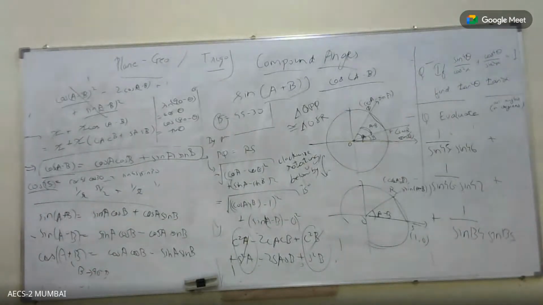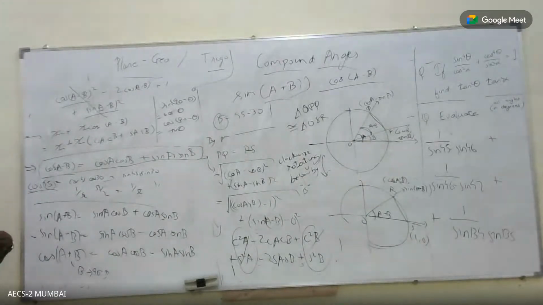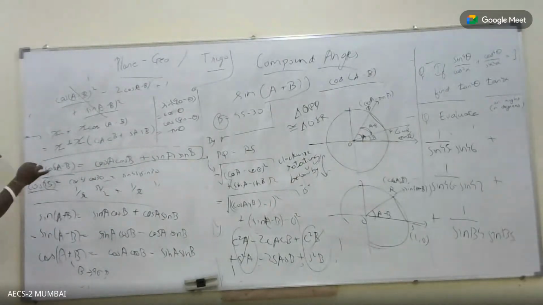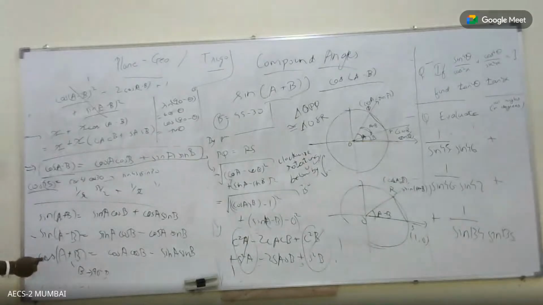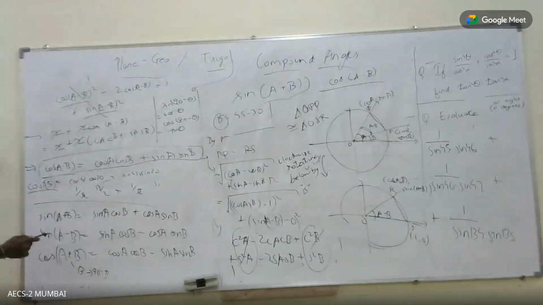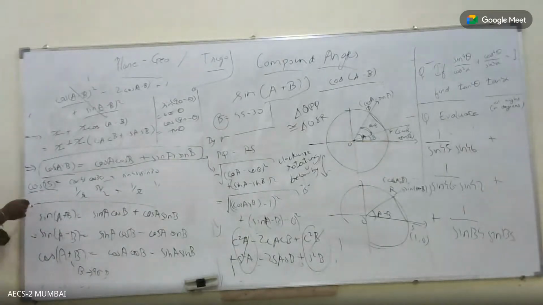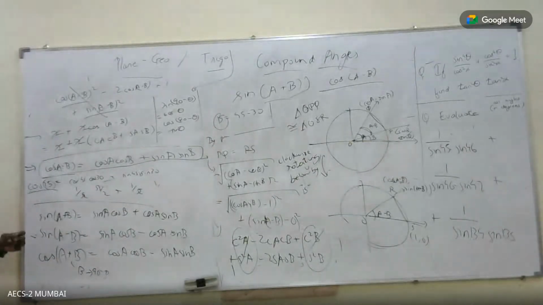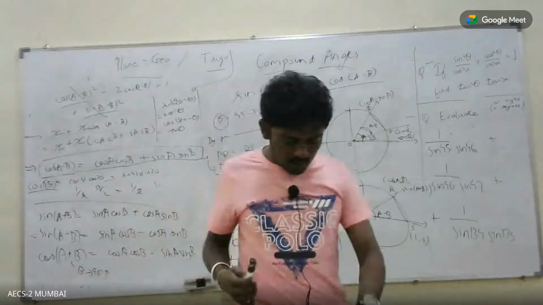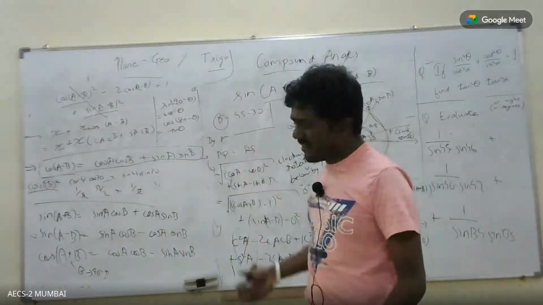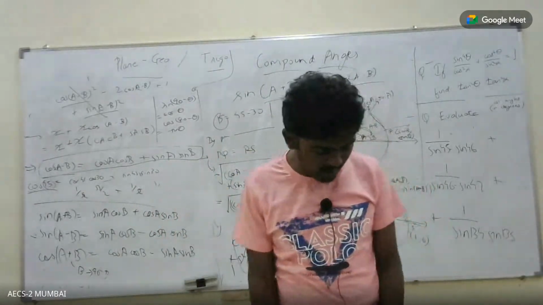Is everything clear so far? Right? We got this identity. We put b equal to minus b to get this last one. Then we put b equal to 90 minus b to get the second last one. And then we put b equal to minus b again to get the third last one, the second one. Right? Cool. You don't need to write this, you'll find this in any standard book, there's no rocket science.